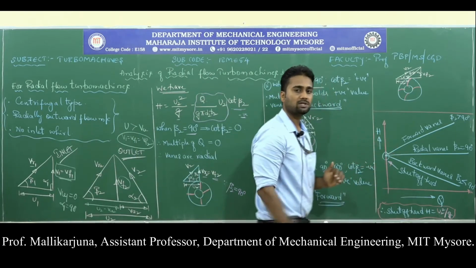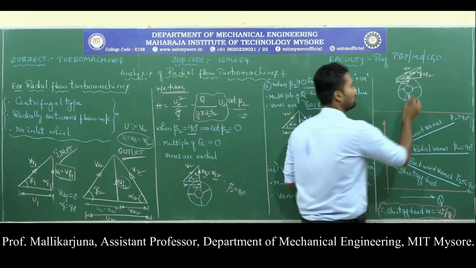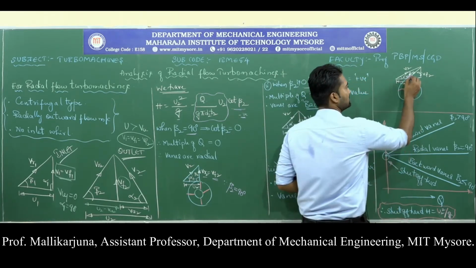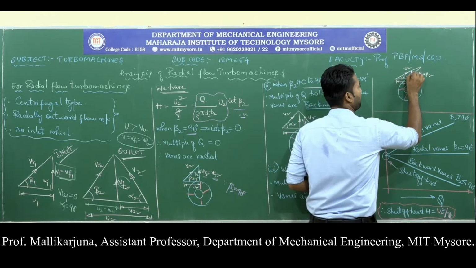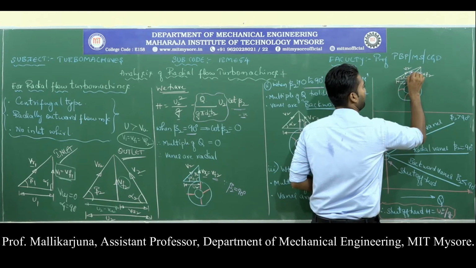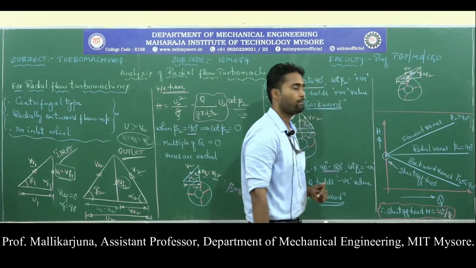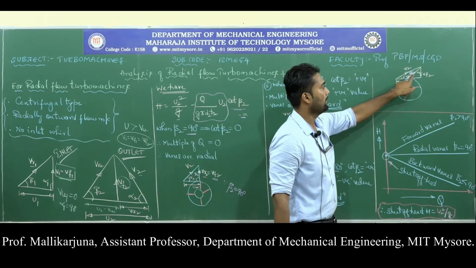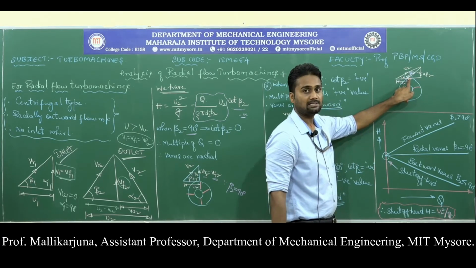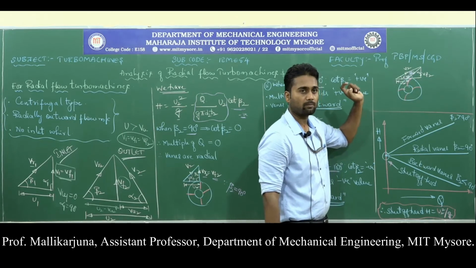We need to just concentrate on beta 2. Look onto the beta 2. This is beta 2. This is VR2. That is what we have written over here. This is beta 2. So now beta 2 is greater than 90 degree and less than 180. Obviously, we can observe it from over there.